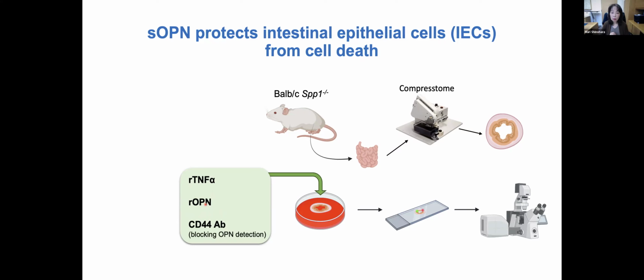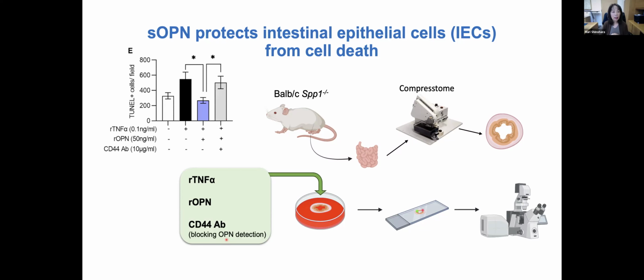Again, recombinant OPN is added from outside. So that's secreted, not intracellular. So this means sOPN as well. And then also we used CD44 antibody to block CD44 receptor to prevent OPN from being detected by CD44. And then here are the results.